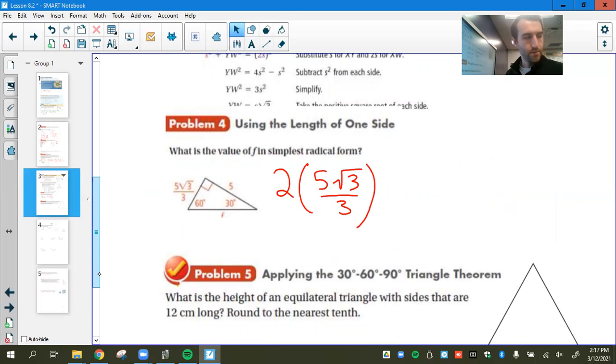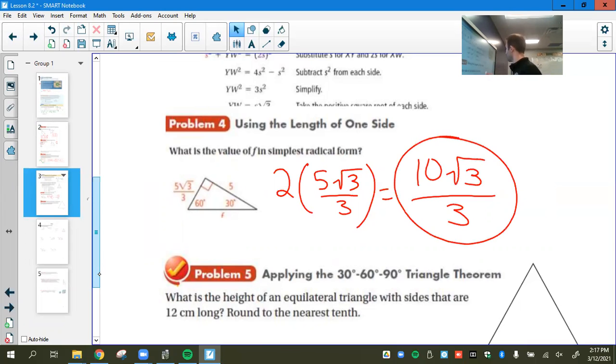Like that, right? So I just multiply. And that's it. That's my answer. Done, right? The longest side, the hypotenuse, is twice as long as the shortest side. So that'd be it. Done.